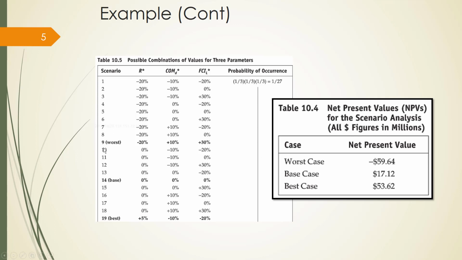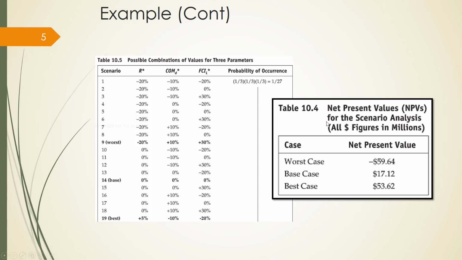And what they found was that their scenario 9, where the revenue was short 20%, the cost of manufacturing was over 10%, and the fixed capital investment was over 30%, was their worst case. Their best case was where the revenue was 5% higher than predicted, and the cost of manufacturing 10% lower, and the fixed capital investment 20% lower.